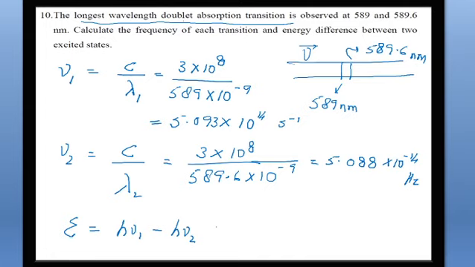So basically take h common, put the values, and you will get somewhere around 3.44 into 10 to the power minus 22 joules. This much you can do by yourself. Just cross check by doing the calculation yourself also, but I believe that now you know how to approach such kind of problems, right?